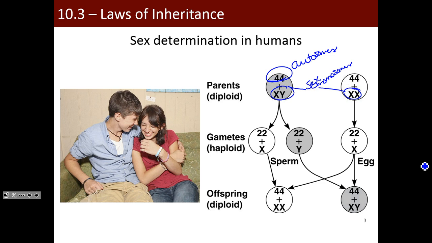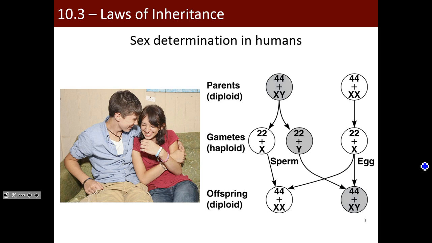So when we cross 2 individuals, one of those individuals has 22 chromosomes plus an XX, and the other individual is 22 plus XY. And how the Y and X come together will determine the sex chromosomes for the next generation. Right? So here we have this XY individual, and that XY individual can make gametes that are either 22 autosomes plus an X could go into the sperm, or 22 autosomes plus a Y can go into the sperm.